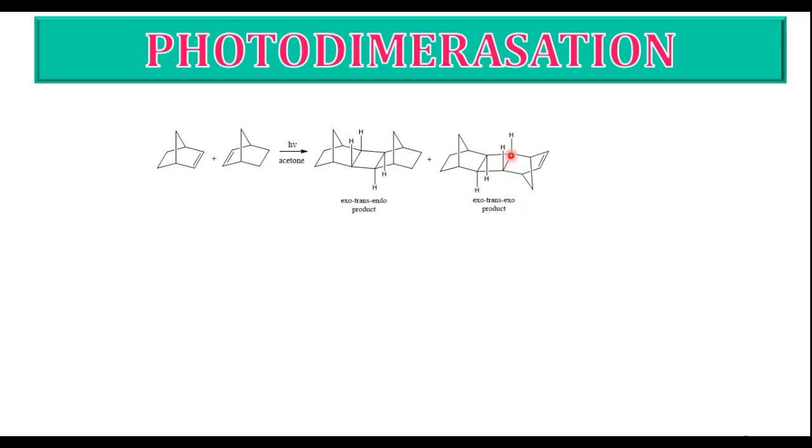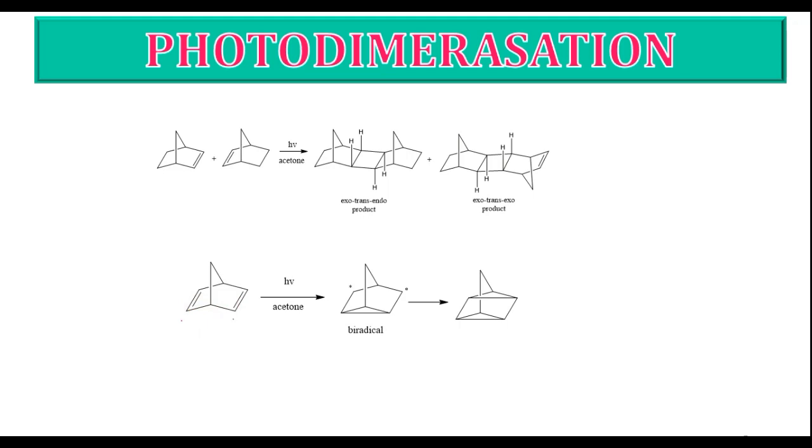So next friends, in this reaction you can simply observe what is happening. This pi bond undergoes homolytic cleavage, and this one is also undergoing homolytic cleavage. Radicals are going to form at these positions.